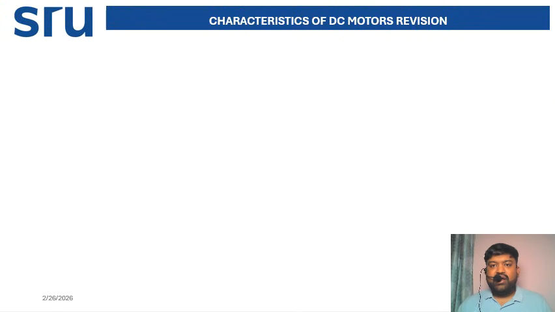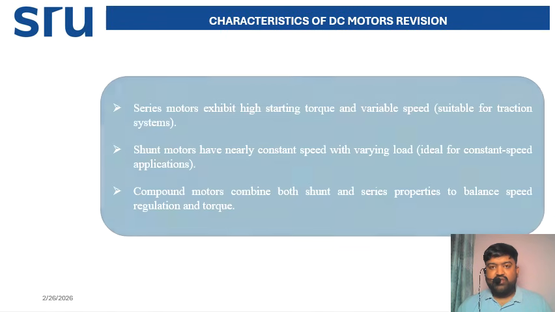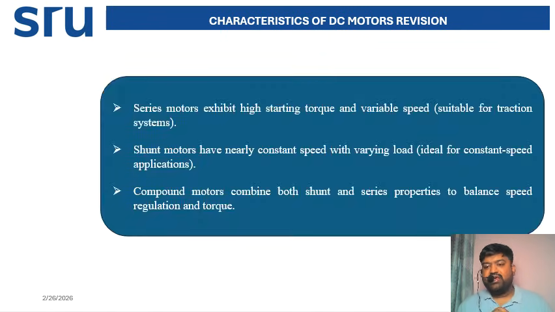Now, when we are discussing the characteristics of the DC motor, as a revision, the series motor exhibits high starting torque and variable speed drives, suitable for the traction system. What is the relation we obtained there?